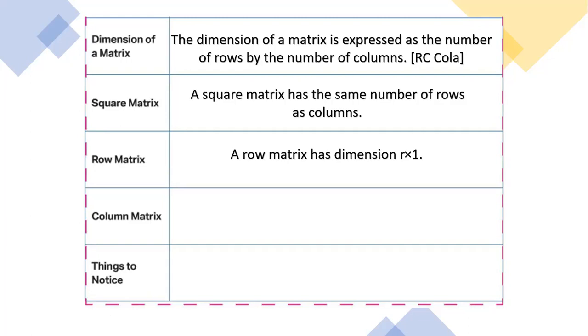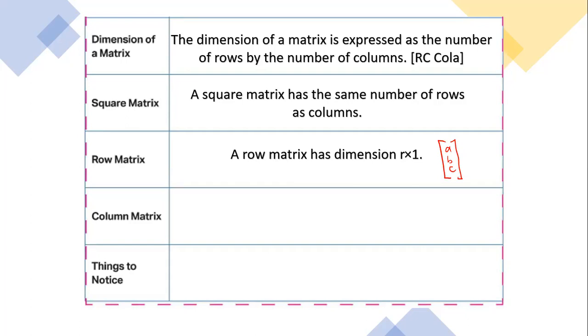When you have a row matrix, it's going to look like this. You have A, B, C. So notice again, I have number of rows, but only one single column.